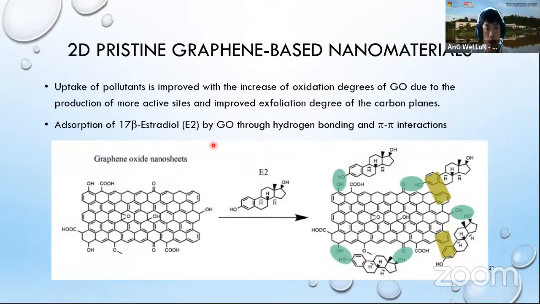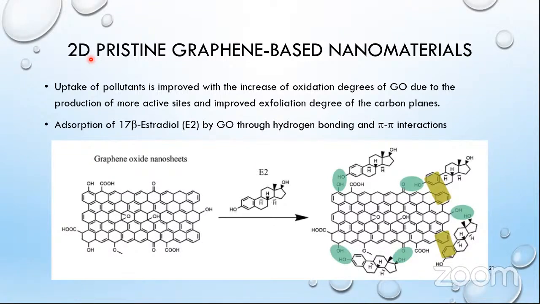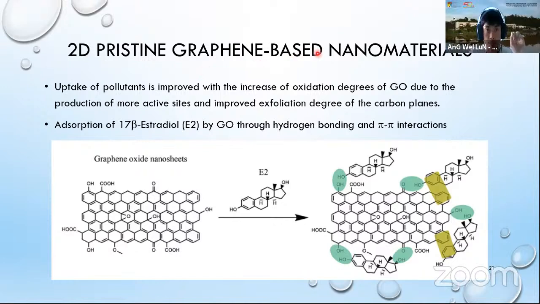Now I'm going to take a few examples of 2D. 2D means that the adsorbent is in a two-dimensional structure, so it's actually a layer, or in a nanomaterial form. For 2D pristine graphene-based, purely graphene-based nanomaterials, for instance graphene oxide, the uptake of pollutants improves with the increase of oxidation degree.